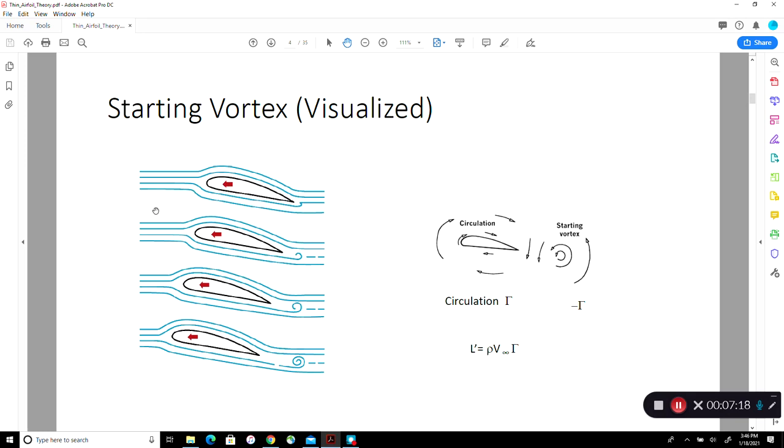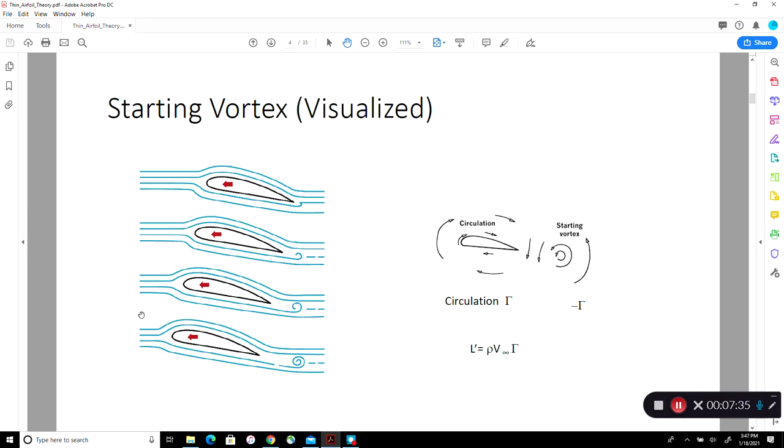Now if you draw a big box surrounding the airfoil, this includes all the material particles, and circulation at time t equal to 0 plus, that means right after the impulsive start, is 0.